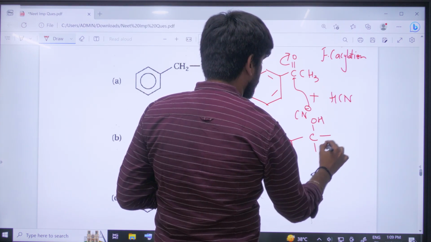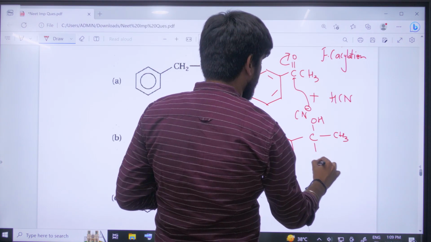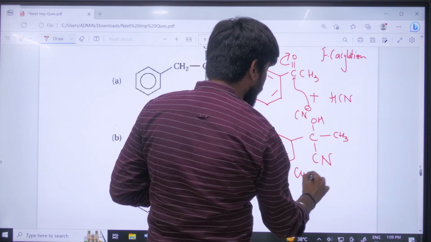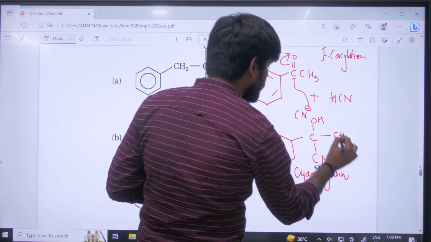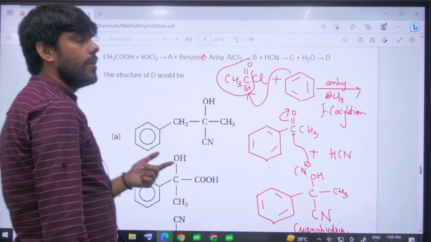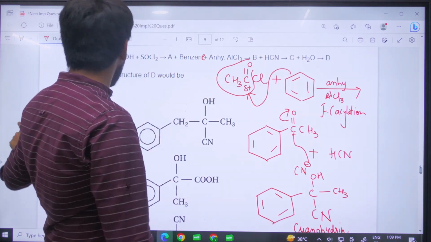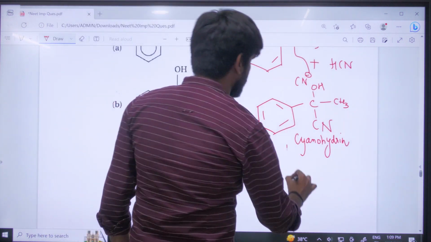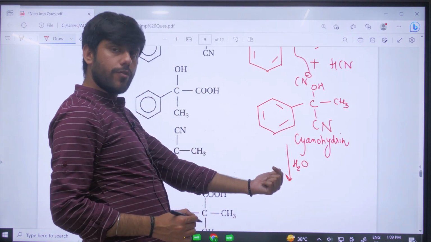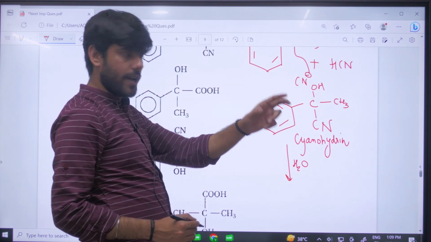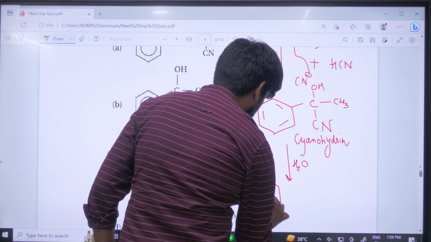I also have the CH3 already, and I get CN. So this is your cyanohydrin. You know that this is a nucleophilic addition reaction of carbonyl compounds, and this upon hydrolysis, you know that CN undergoes hydrolysis to form COOH, the acid group. So what do I have?